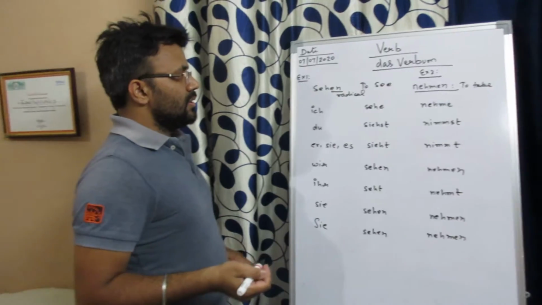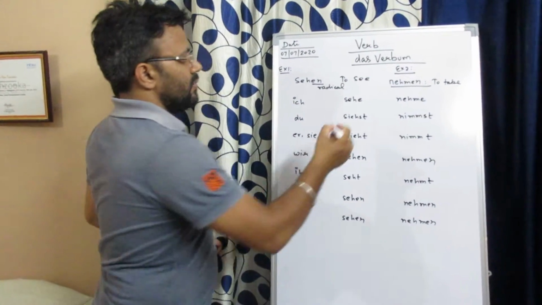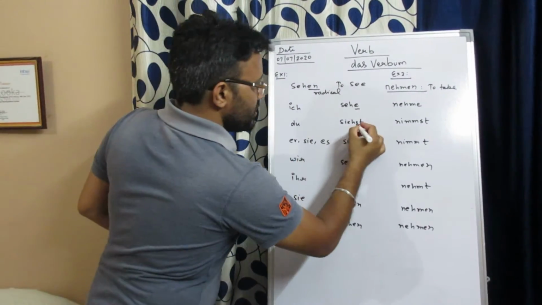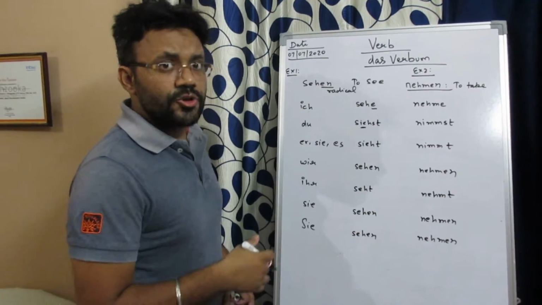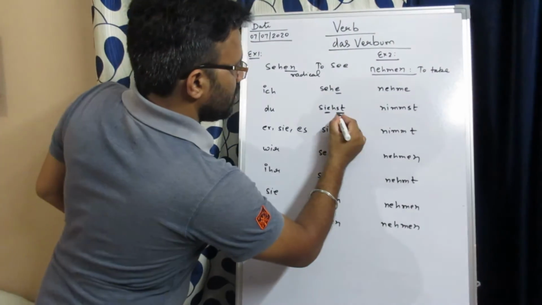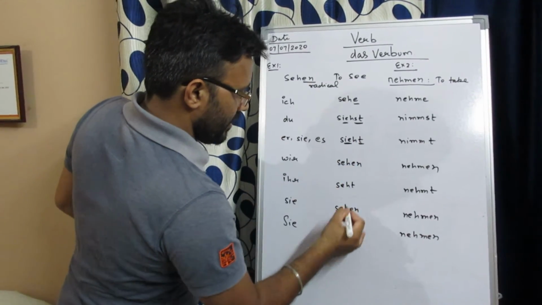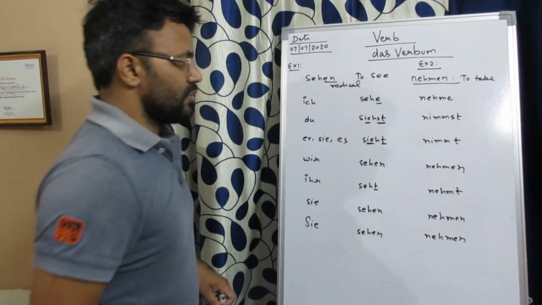If you see, there are changes that shuffle the form. I am underlining those changes, so you may write them down or take a snapshot. I am underlining what sort of changes are happening. Here there is no change, here is a change, no change, no change.